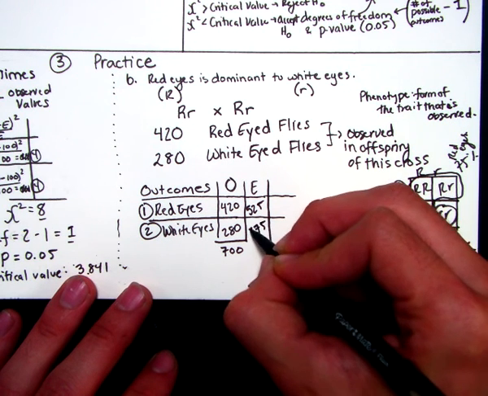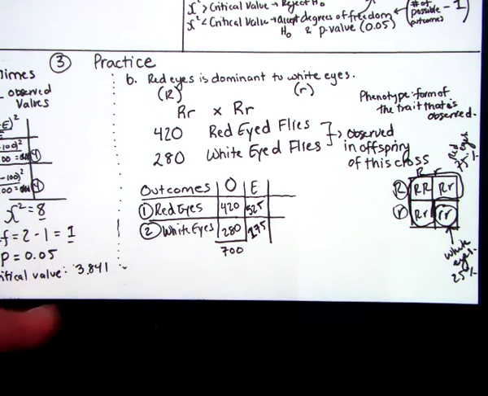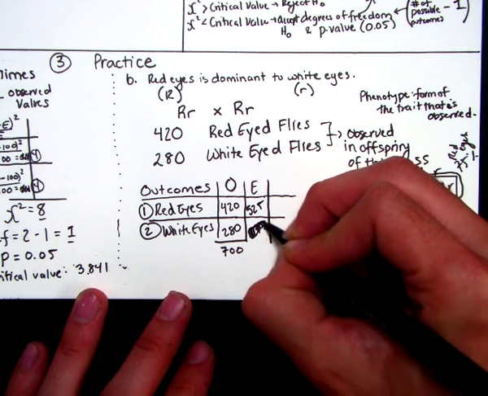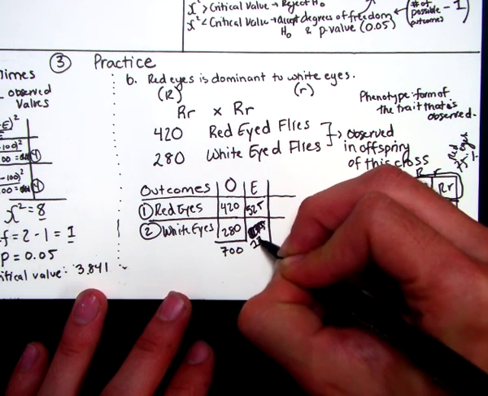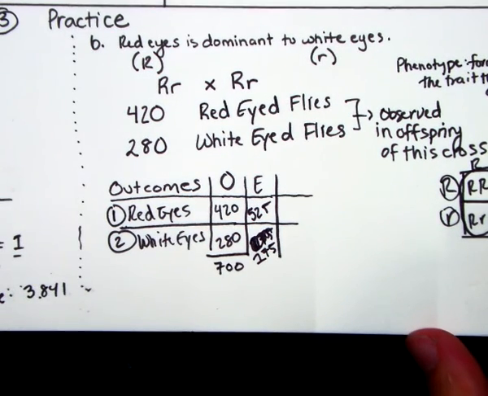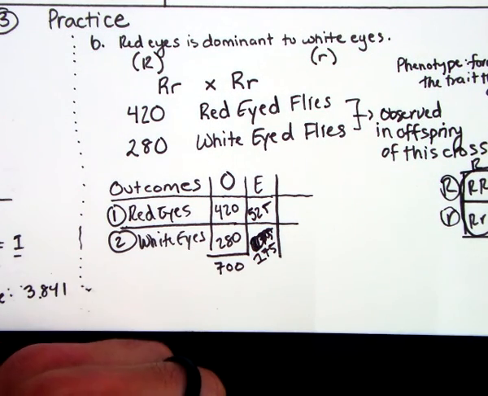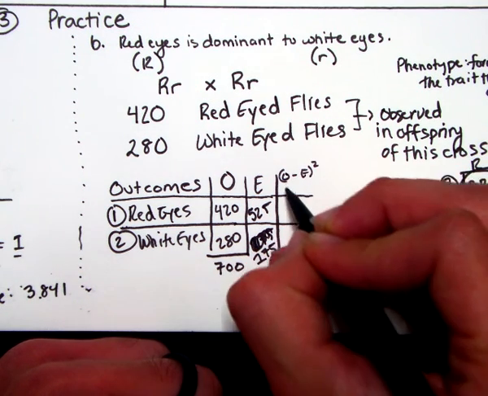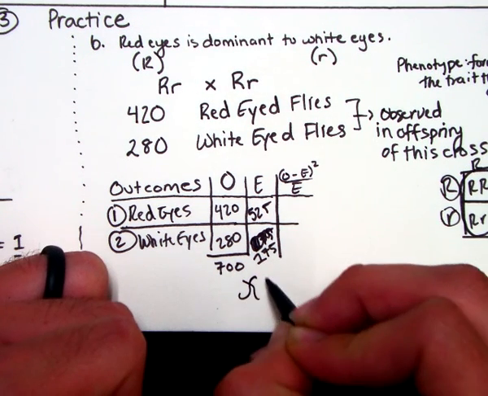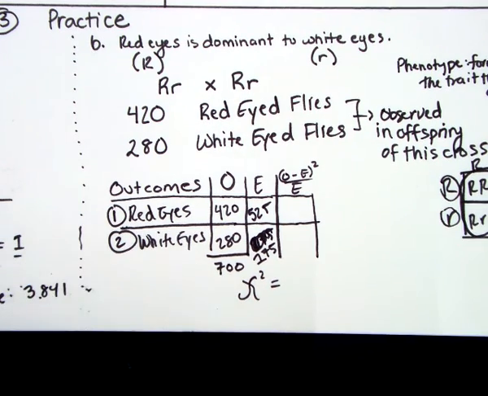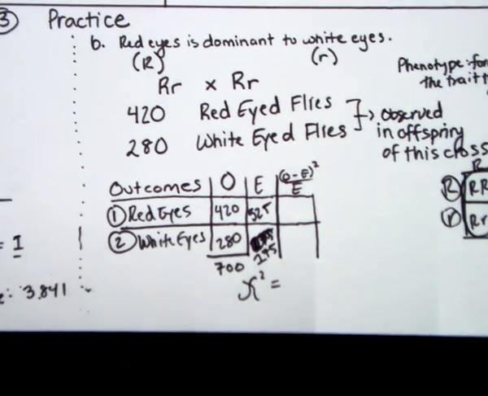It's all good. We're all struggling, it's okay. All right, 175. Does everyone see how I got that value? Yeah? Okay. So, what I want you to do at your table, I want you to calculate the chi-squared value for this scenario. So in that next column, go ahead and calculate the chi-squared value for this scenario.